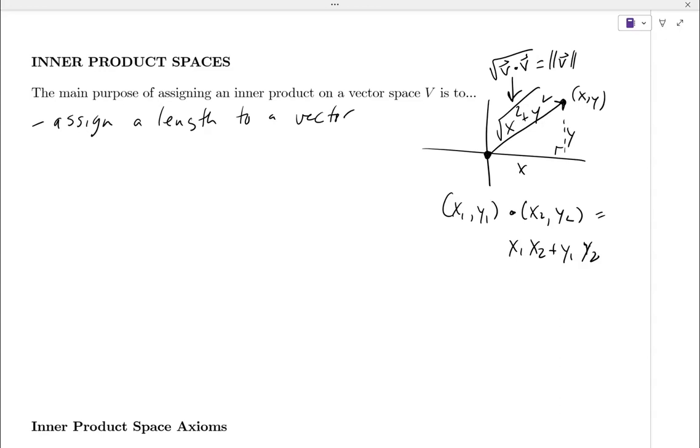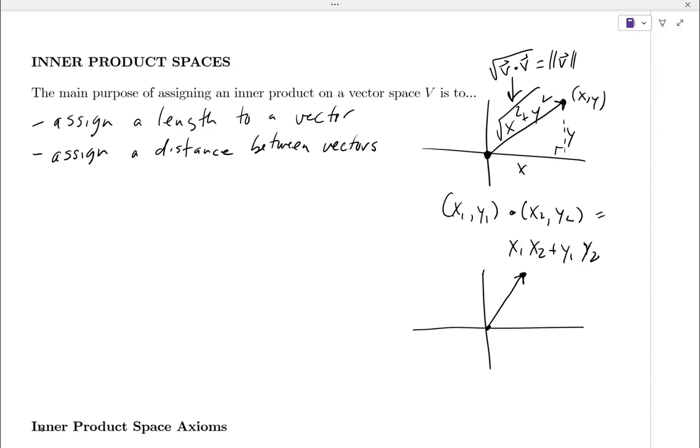All right, but that's one purpose of doing an inner product. Another idea, and it comes along with the norm as well, is to assign a distance between vectors. How far apart are they? So again, let's lean on Euclidean. Let's say I have an x1, y1, and I'll call this my v. And I'll do x2, y2 here and call this w.